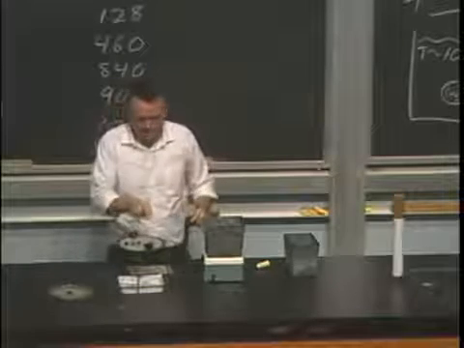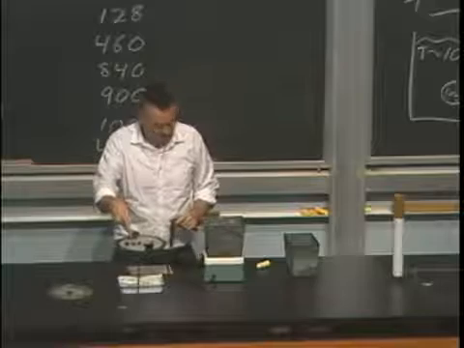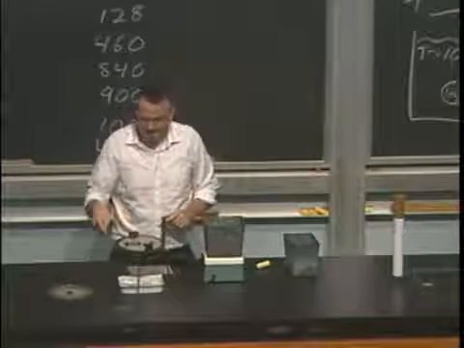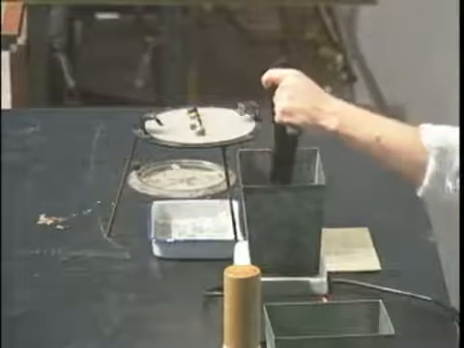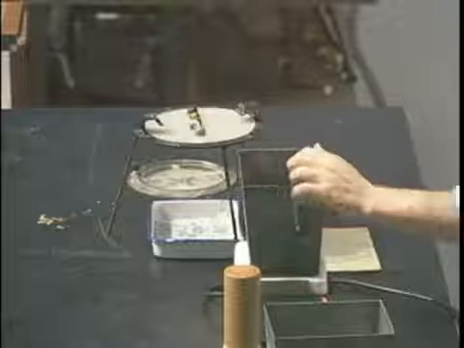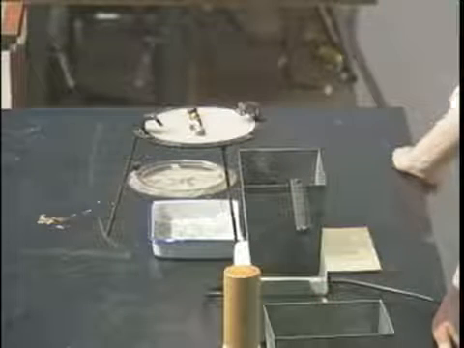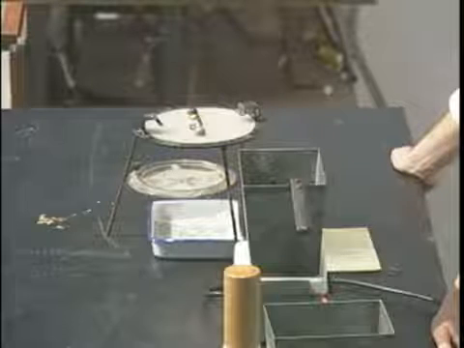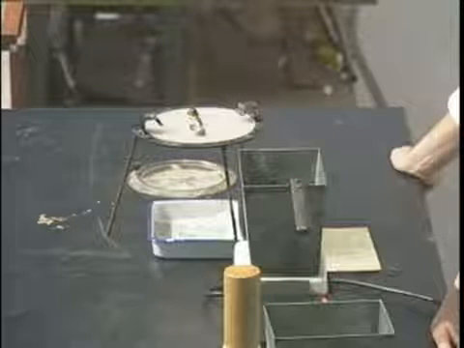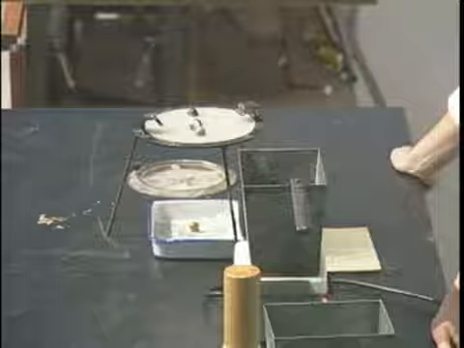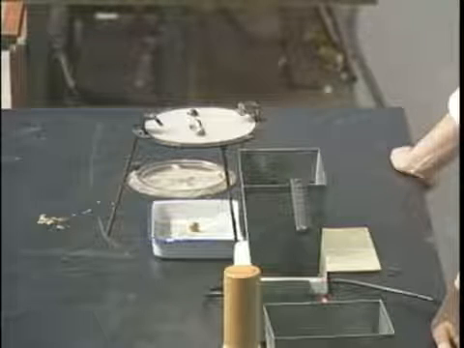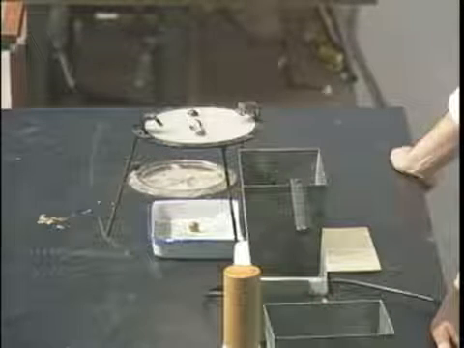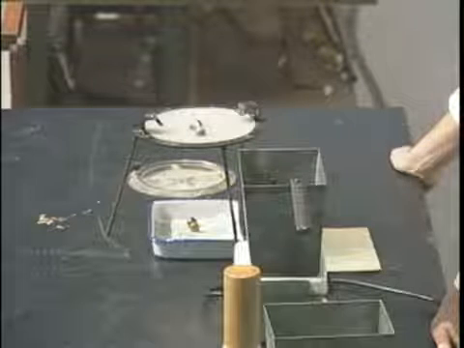Okay, so we've got lead, glass, zinc, brass, and iron. And let's just give them some time for their heat to transfer. Okay, there's the brass one. There's the iron.